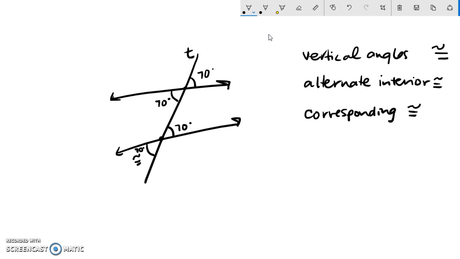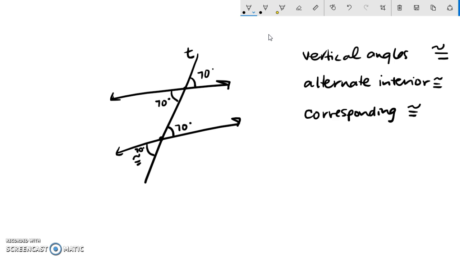So corresponding angles mean they're on the same side of the transversal, right? If the transversal is right here, they're on the right side. This is on the right and this is on the right. But one is inside the parallel lines, one is interior, and one is exterior. And they're in the same position as each other.